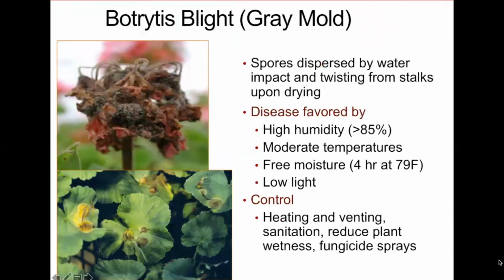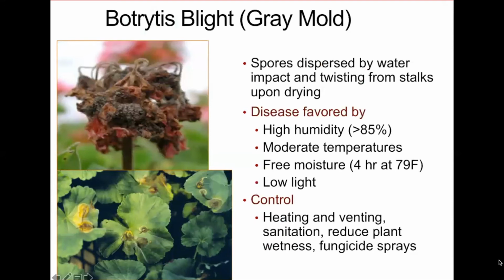Botrytis blight, or gray mold, is going to be a huge issue, and it's always a big issue in greenhouses. It comes on many different plants and has a wide range of hosts, and the biggest issue is that the fungus can survive at below 39 degrees Fahrenheit.